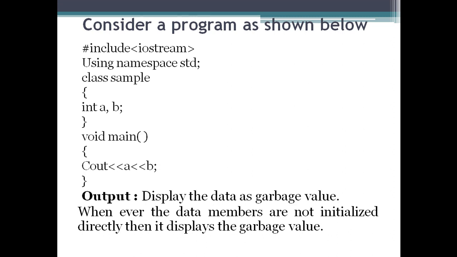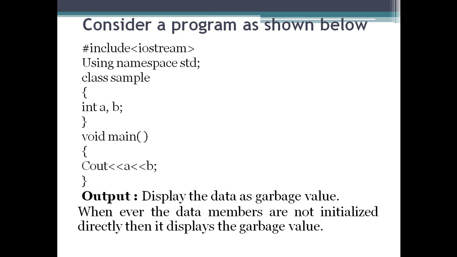Here we take two data members a and b, and we try to display those values. We are not declaring any object, and not using any access method or member function, but we simply try to print the value. In that case the compiler always displays a garbage value, meaning even if you don't initialize any value, the system allocates some predefined values.